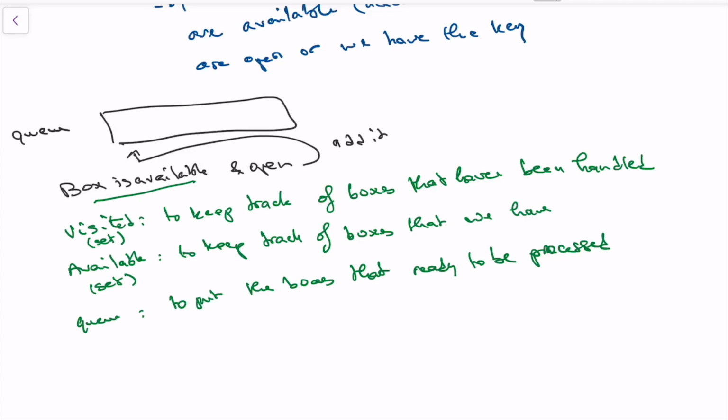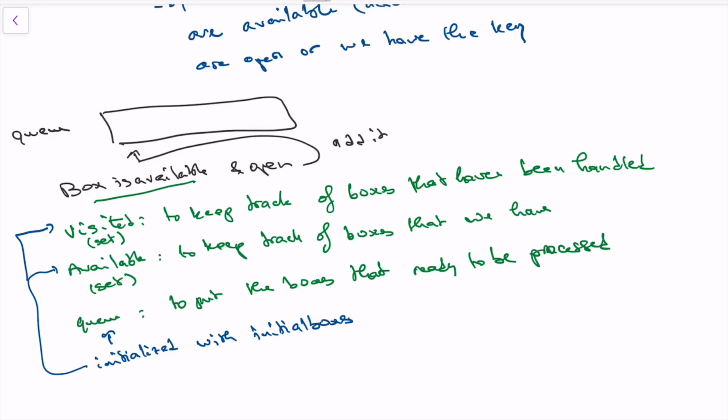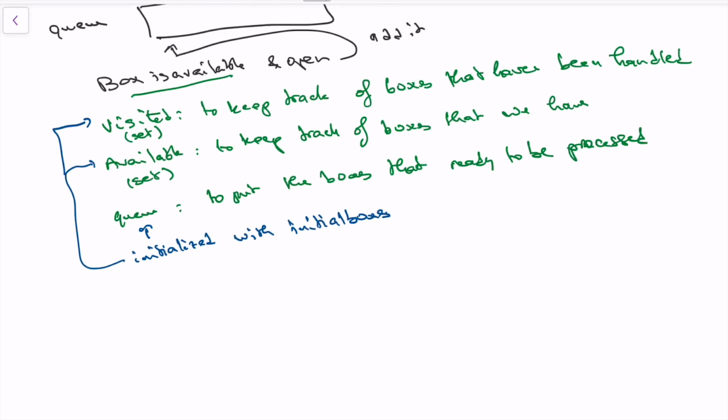And so this one here can be initialized to the initial boxes that we have, right? Same thing with the available, since it's available, and the visited, right? And so that's pretty much it.